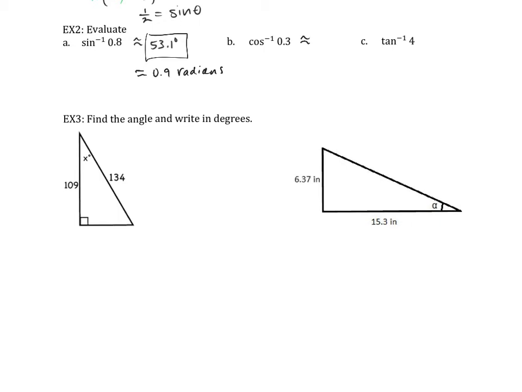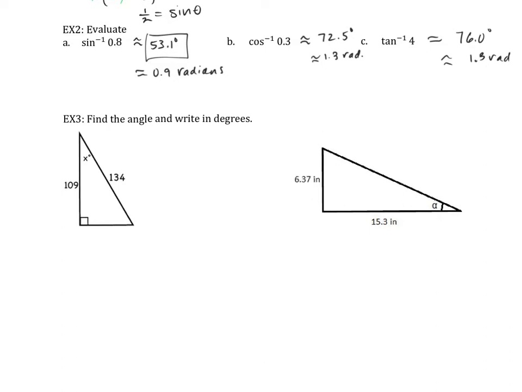Okay, so on this one, that's about 72.5 degrees, and that's equivalent to about 1.3 radians. All right, and then tangent, this is about 76 degrees and about 1.3 radians.